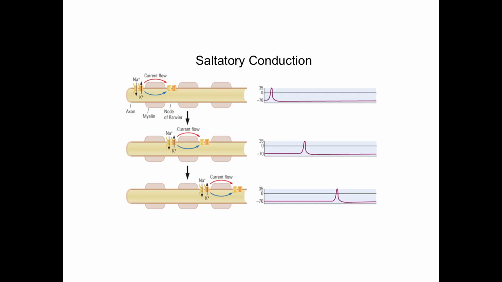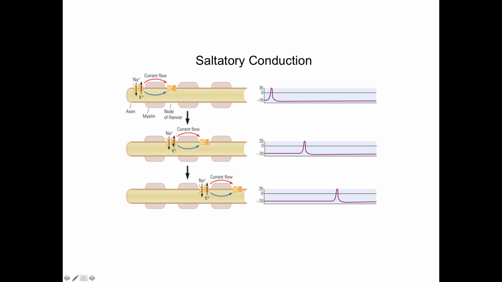So here's a schematic image of what saltatory conduction and the propagation of the action potential across the axon looks like. So let's say this is an action potential. Sodium goes into the cell, so it goes up, and then potassium will go out, so it gets less positive. And whenever the action potential happened here, the current flow will go to the next node of Ranvier.